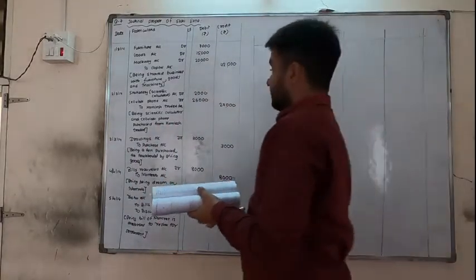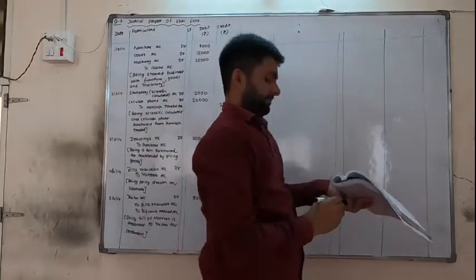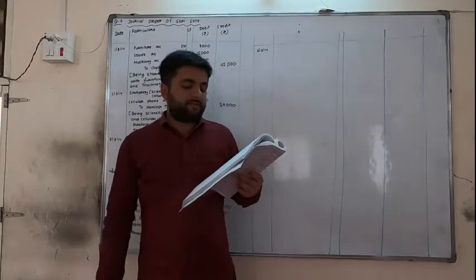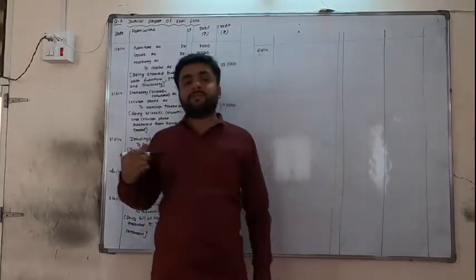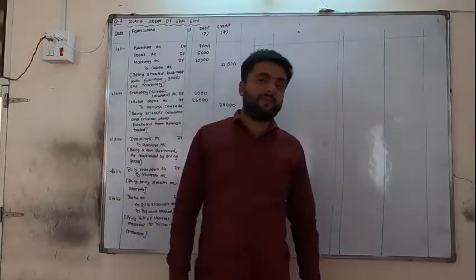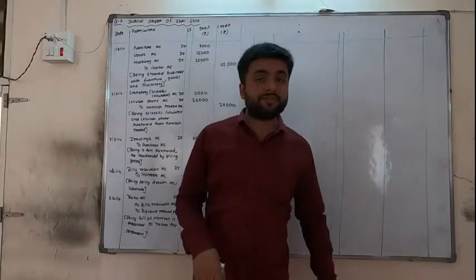The date is 6/6/40. A bill of 6,000 drawn by Bharat, accepted by us. So the bills which we are accepting are our bills payable. Bharat is a receiver of the amount in future from us.